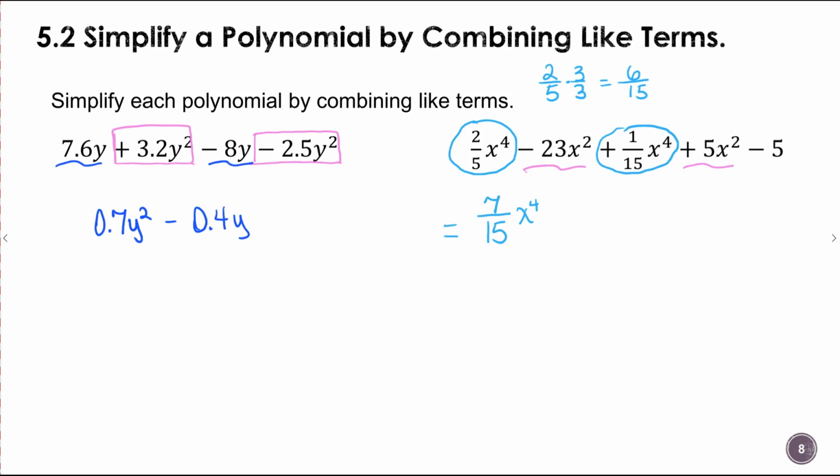And then negative 23 plus 5 would be a negative 18x squared, and then that would be minus 5. And that's how we combine those. Now, if you have a fraction calculator, you can just add those two fractions using your fraction calculator, and then it would give you that same number, the 7/15.